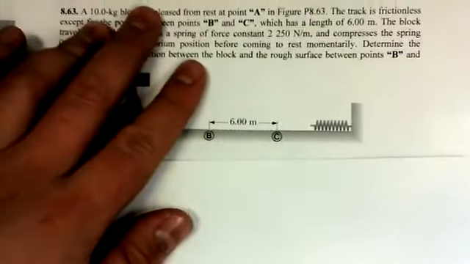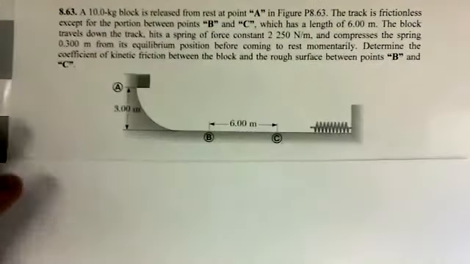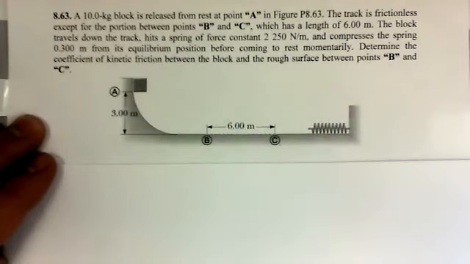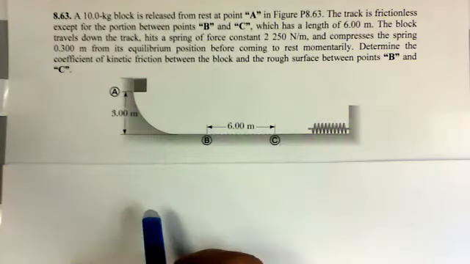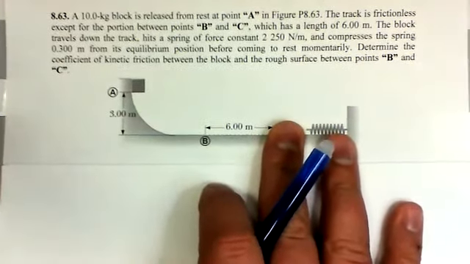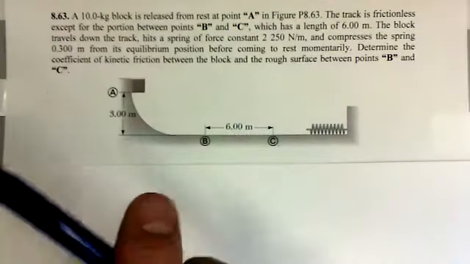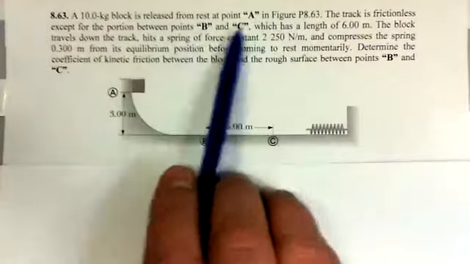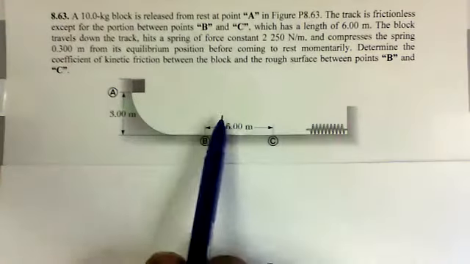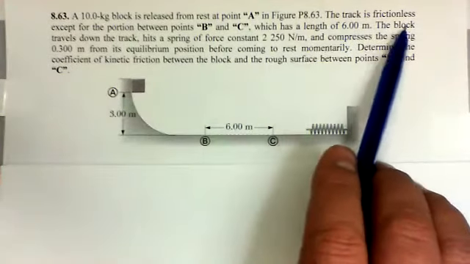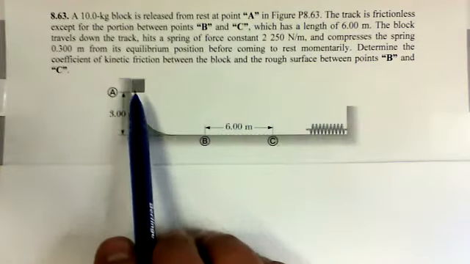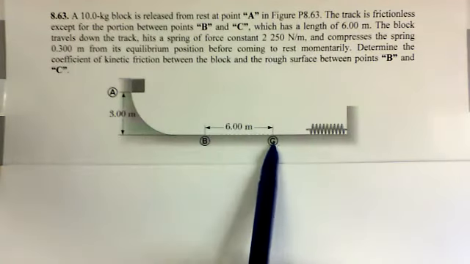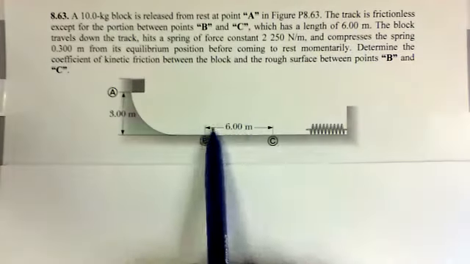Okay, the next problem looks difficult, but we will see now that it is much easier to solve when you take into account the energy conservation principle. So the problem is as follows. A 10 kilogram block is released from rest at point A in the figure. The track is frictionless except for the portion between points B and C, which has a length of 6 meters.